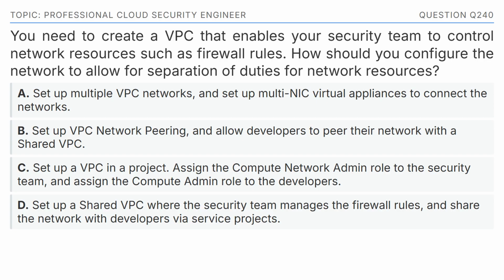Option B, set up VPC network peering, and allow developers to peer their network with a shared VPC. Option C, set up a VPC in a project. Assign the compute network admin role to the security team, and assign the compute admin role to the developers. Option D, set up a shared VPC where the security team manages the firewall rules, and share the network with developers via service projects.